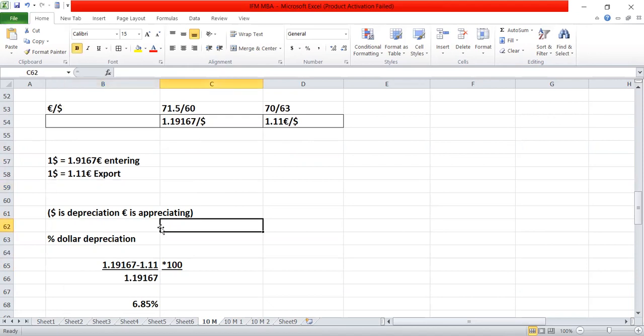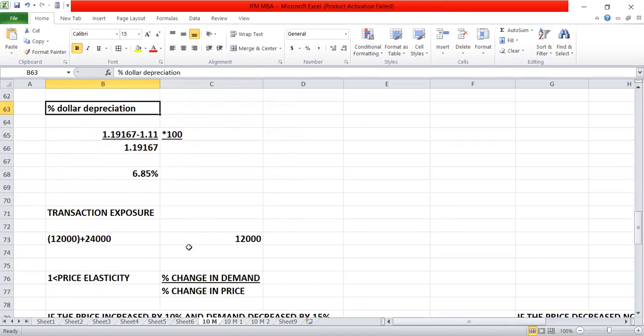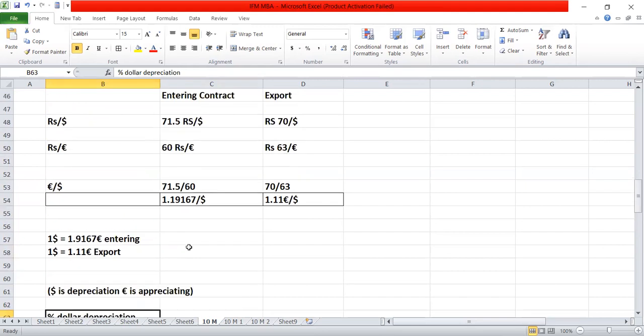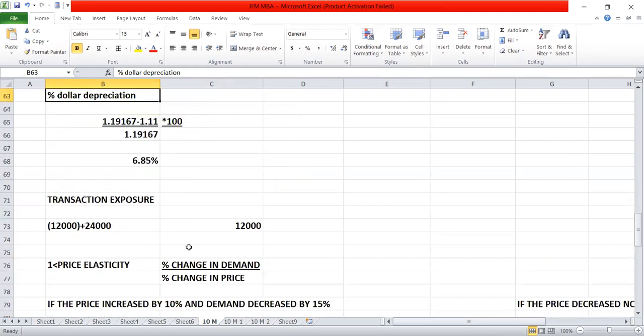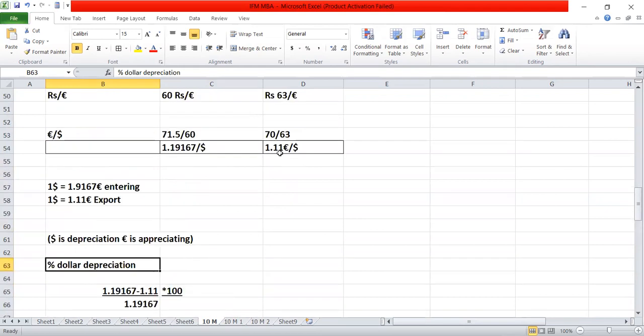So you can see here now the percentage of dollar depreciation. When they are entering, the rate is 1.19167 per dollar, but when they're exporting, it became 1.11.